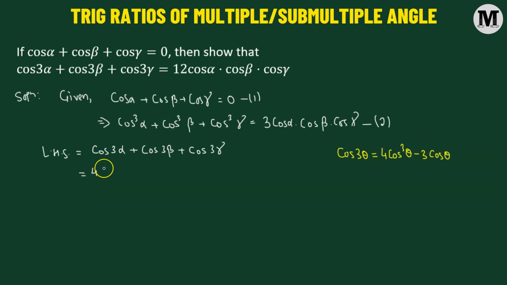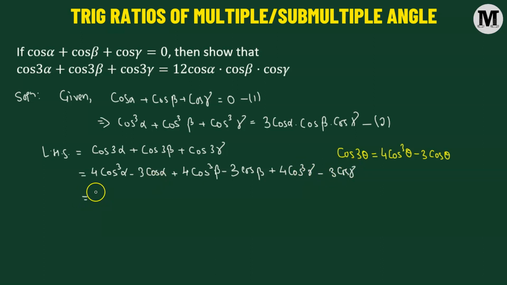That becomes 4 times cosine cubed alpha minus 3 cosine alpha. The second term becomes 4 times cosine cubed beta minus 3 cosine beta. And the third term becomes 4 cosine cubed gamma minus 3 cosine gamma.